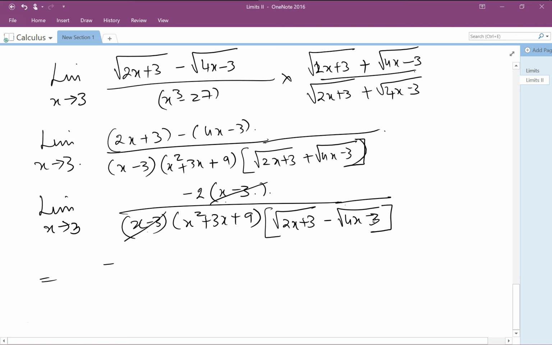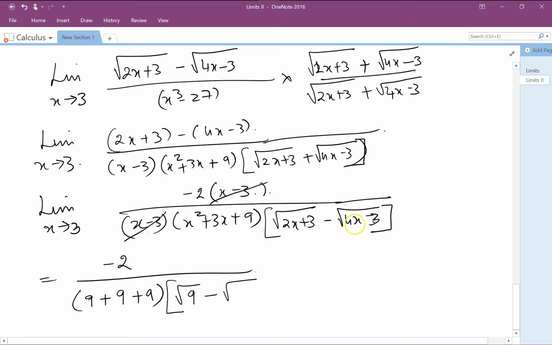So now when we substitute 3, we get minus 2 divided by 3 square is 9 plus 3 times 3 is 9 plus 9, square root of 3 times 2 is 6 plus 3 is 9, minus square root of 4 times 3 is 12 minus 3 is 9. This is plus, so this should be plus.